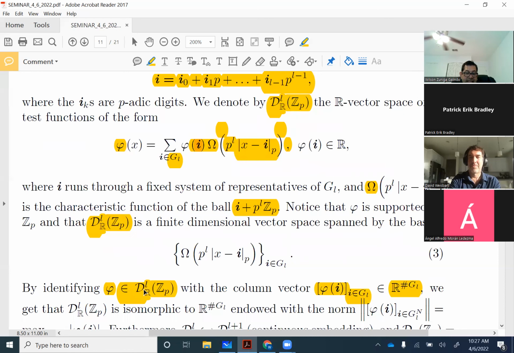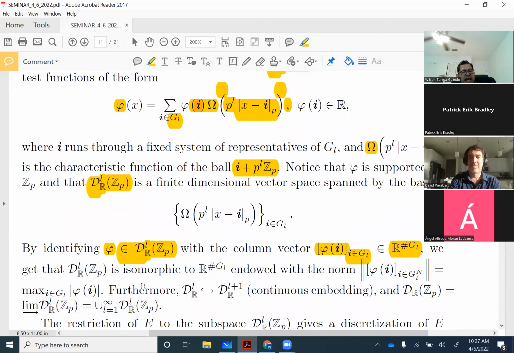It is important that this space DL is a subspace of the space of test functions. This is a very particular fact. There is no analog version of this result in the Archimedean case.